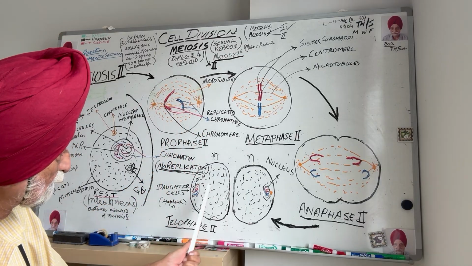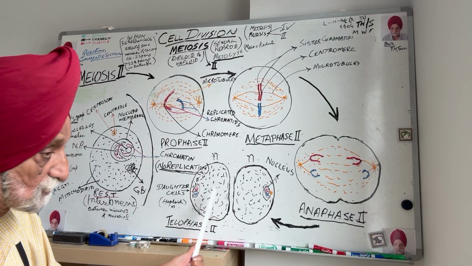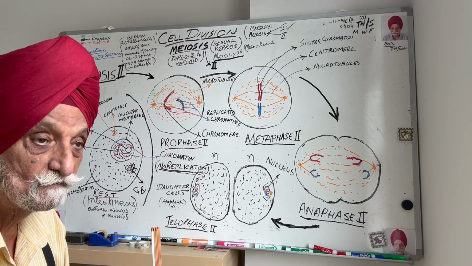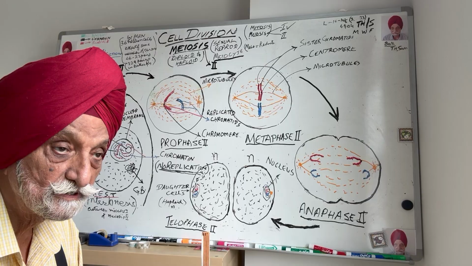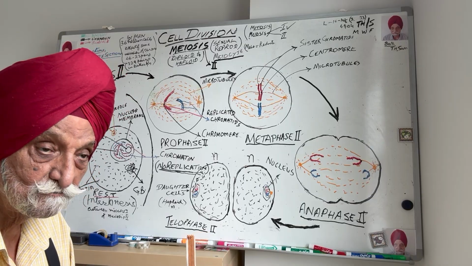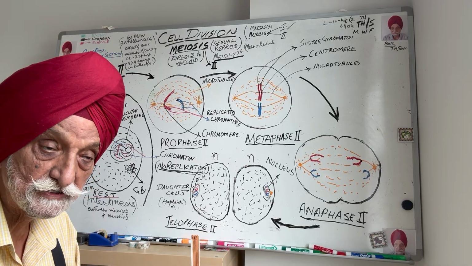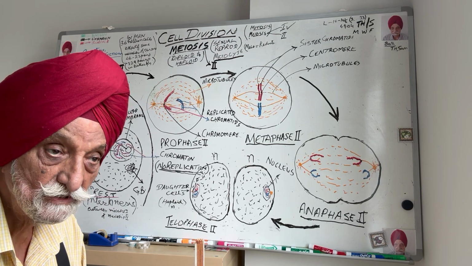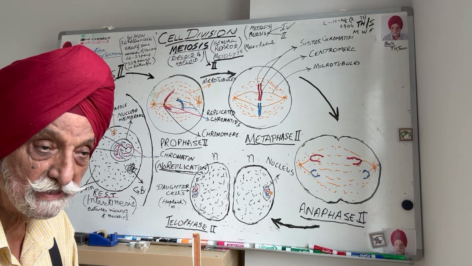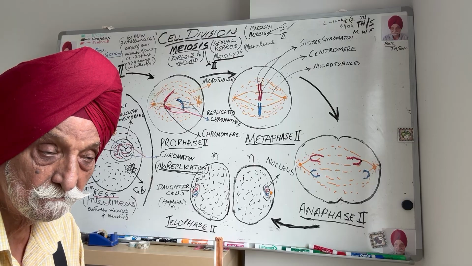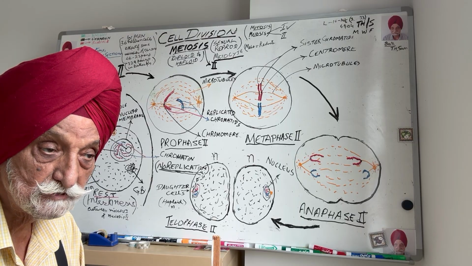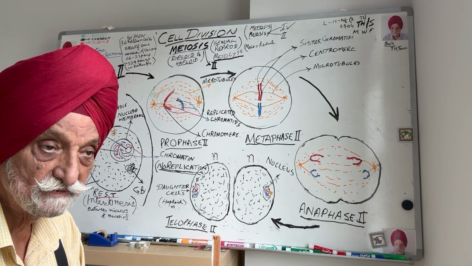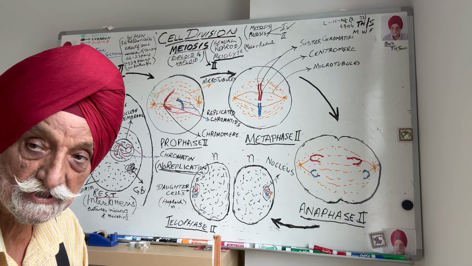So these are the precursors. These are the cells which will form the sexual reproductive units. I mean, the gametocytes, which in the case of males are spermatocytes, and in females, these will be oocytes.